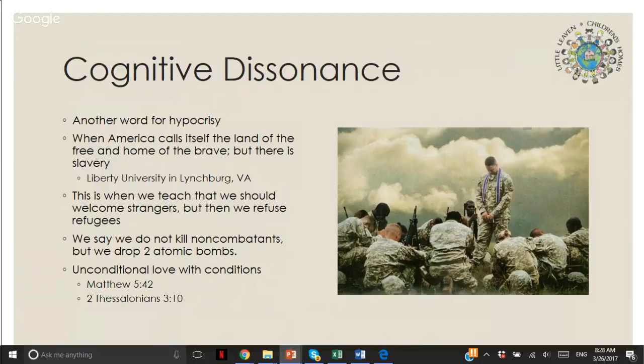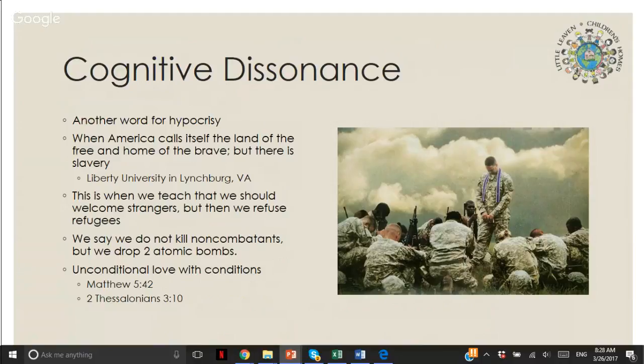That's when you recognize that something is wrong, or you see something wrong, but you somehow say, oh no, it's okay, when it clearly goes against your principles. Here's an example. America calls itself the land of the free and the home of the brave.